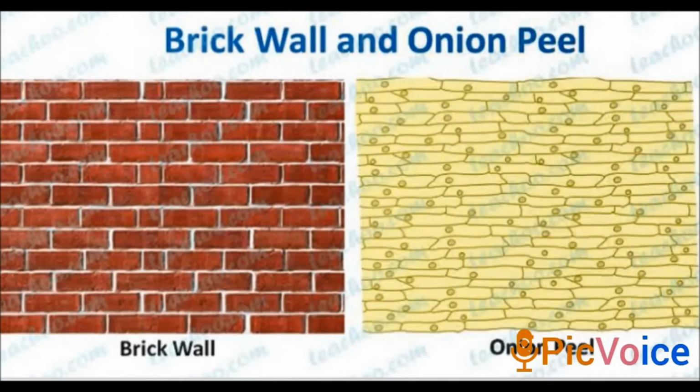So next, we compare this cell with a brick. Both are the same. If you see a wall, the wall is made of bricks, isn't it? No doubt, these bricks are the units of the wall, but they are only structural units.